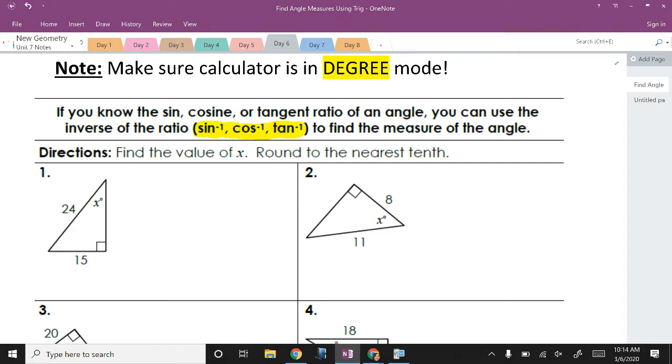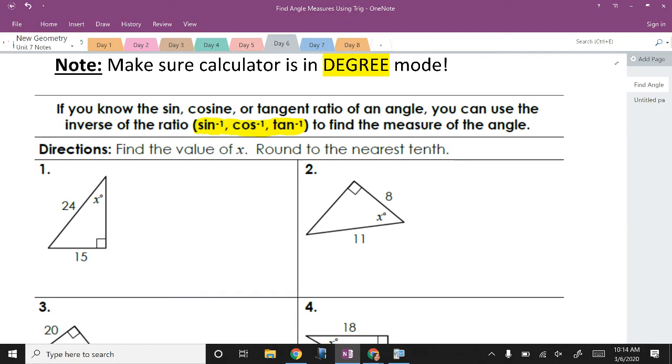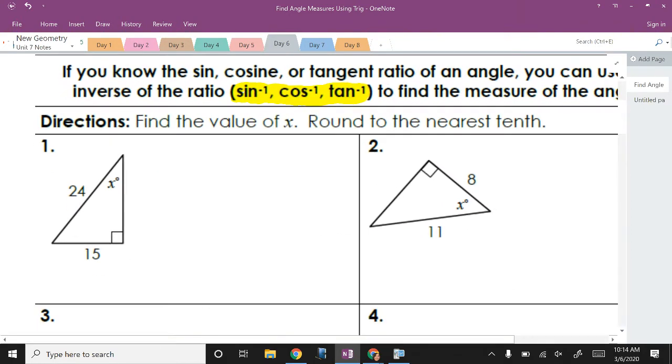Okay? So we're going to set up like we did yesterday. So notice it's a little bit different. They don't tell us an angle measure today. That's what we're trying to find, the angle measure. So they give us two sides of the right triangle. Based on this X right here, 24 is what?